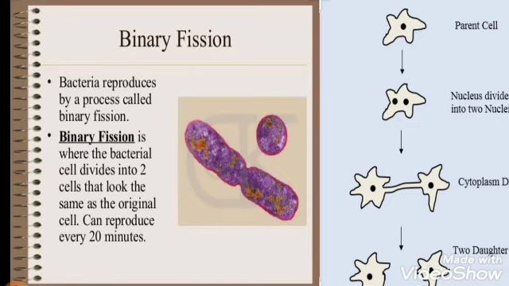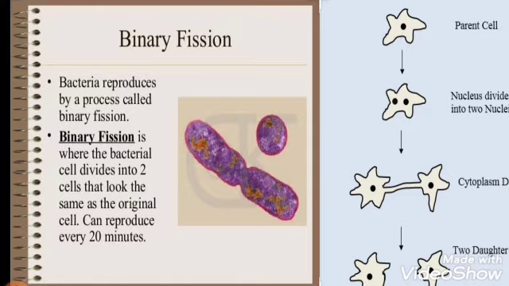So the process starts with the division of nuclear material followed by the division of cytoplasm. Other than bacteria and euglena, you can clearly see the binary division in binary fission in the amoeba.